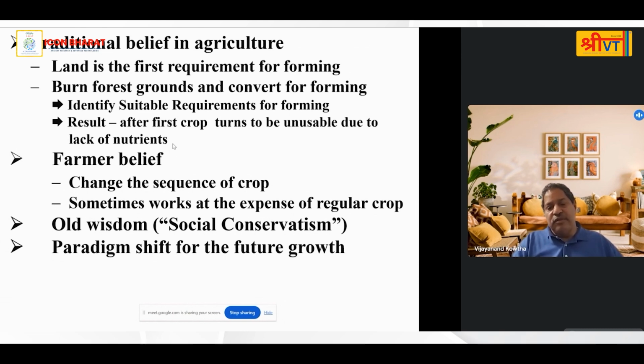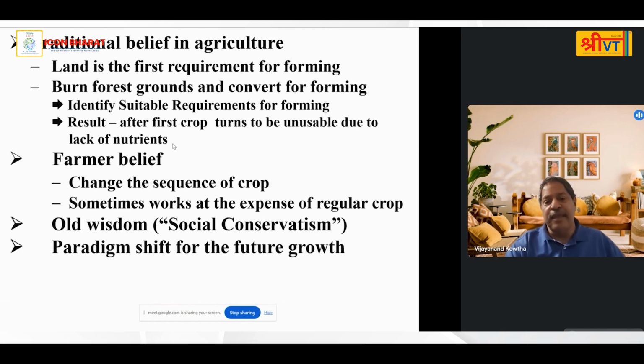The change of the sequence of crops, of changing the expense of a regular crop, the old wisdom of social conservatism has been changed as a paradigm shift for future growth. So again, the subsistence farming with the farming implements changed, with composting providing the nutrients that are needed in the ground, have been evolving over time, and the Mayans have learned it.